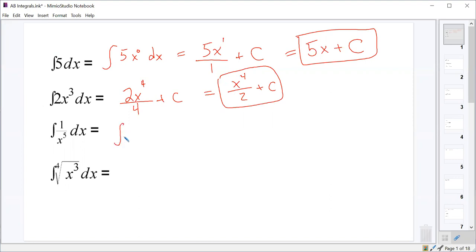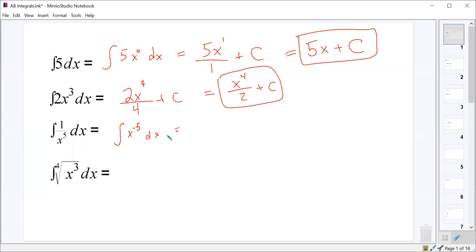That's the same as integrating x to the what power? Negative 5 dx. And just because it's a negative exponent doesn't change how we use the power rule. It didn't change how we used it for derivatives. It's not going to change how we use it for integrals either.